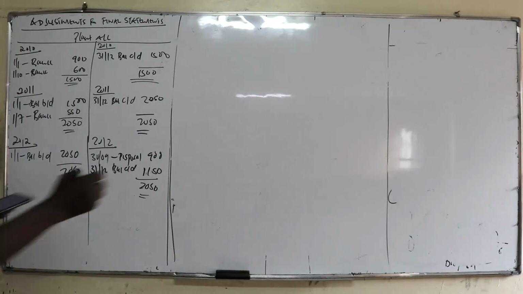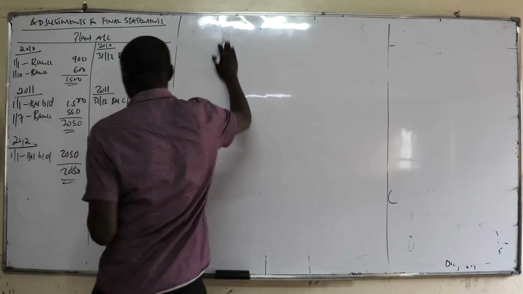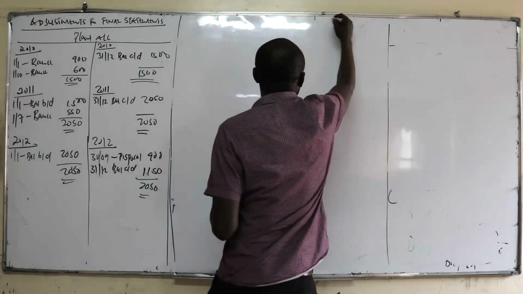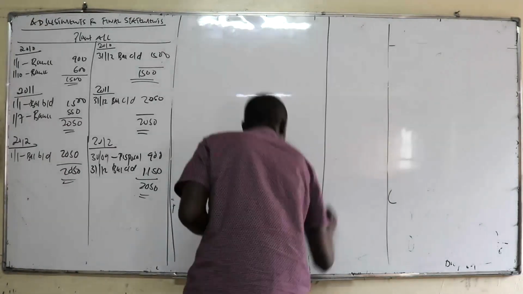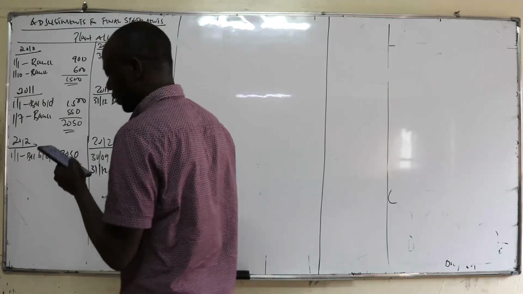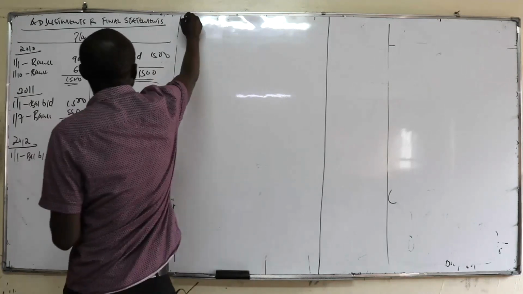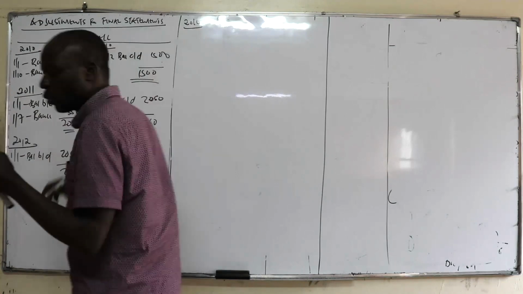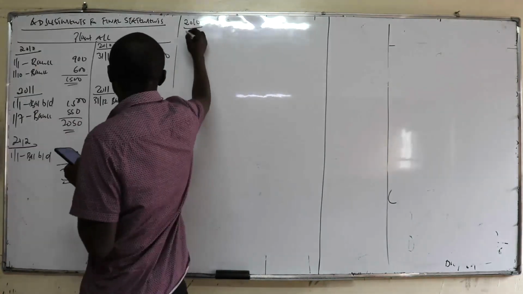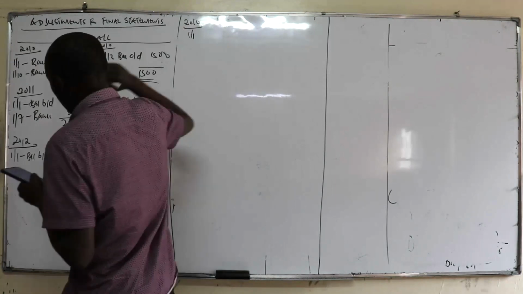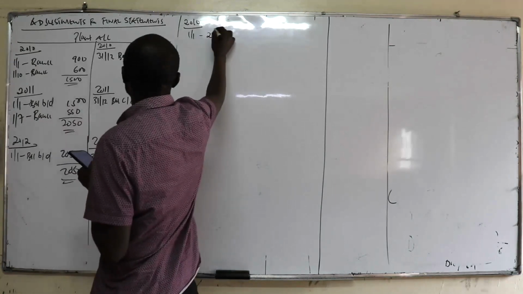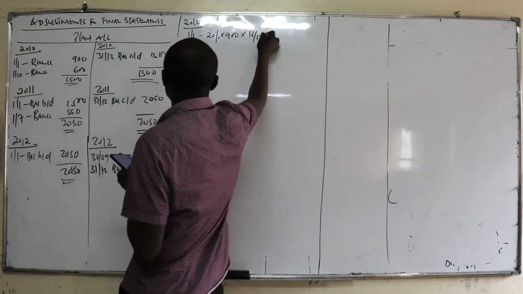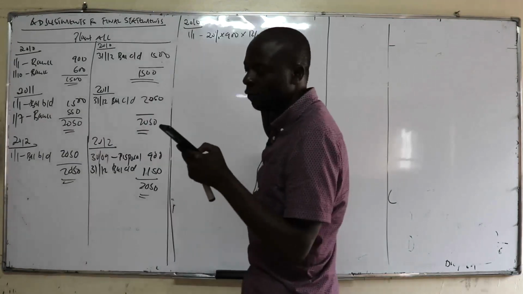Now we come here and determine depreciation. They are using 20% straight line. So we come here, year 2010. In year 2010, they had two assets. The one that was bought on 1st January, it's going to be 20% times 900. This one stayed for the whole year in the business, so it's going to be 12 out of 12.